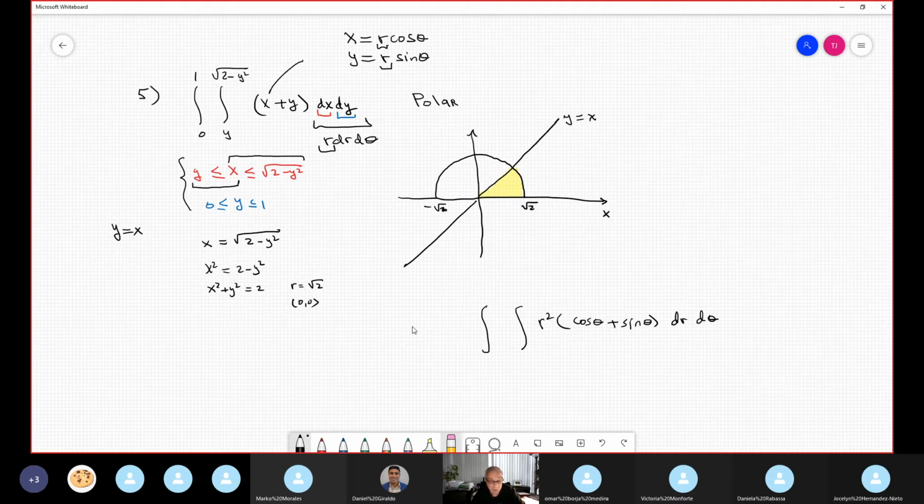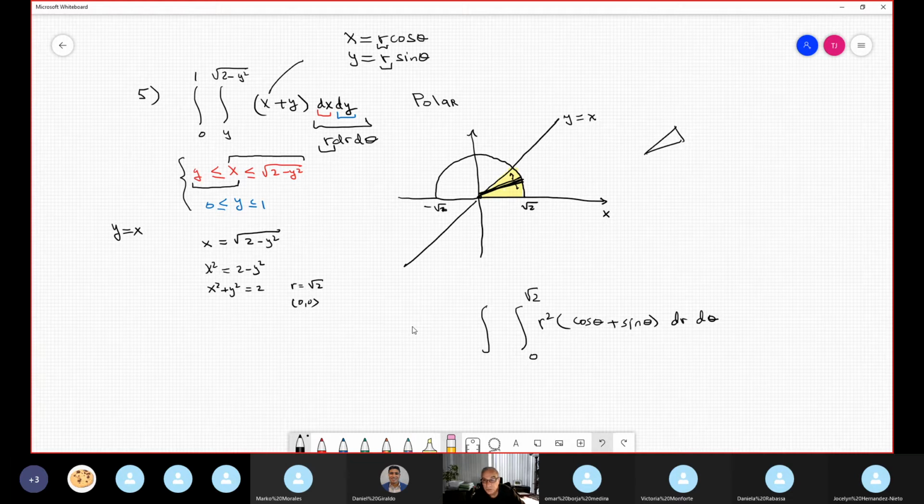And what about the limits? Well, the limit is easy. The radial limit is from 0 to radical 2. Look, this is my region, and I integrate in polar. The r goes from 0 to radical 2. Then theta, you open the piece of pie like that. Look, this is d theta.